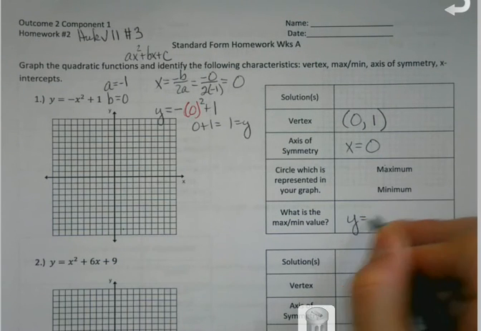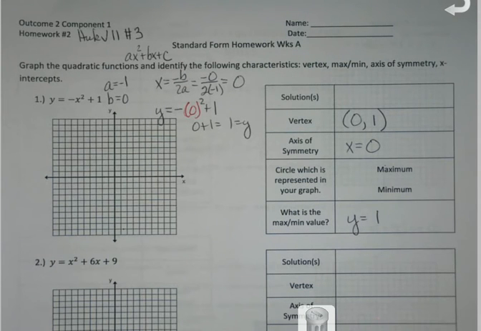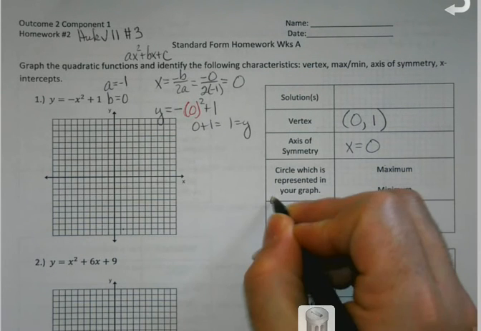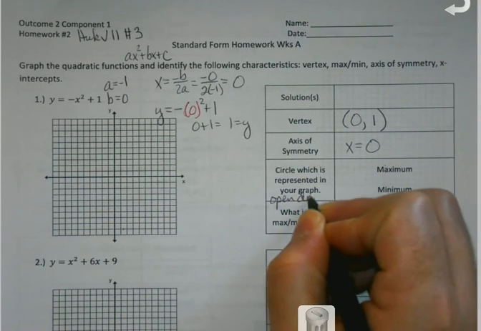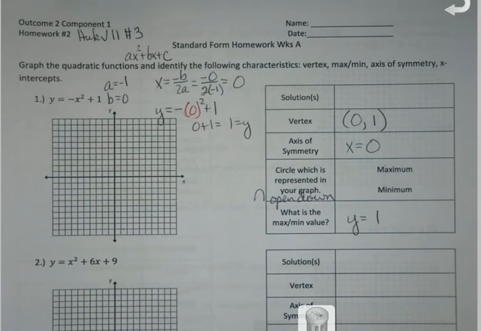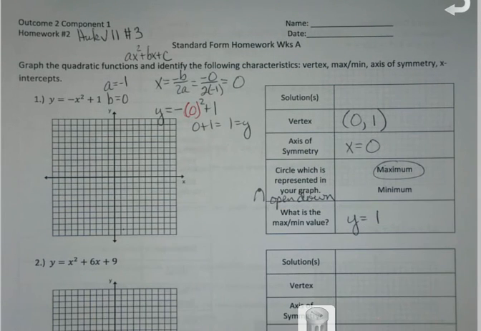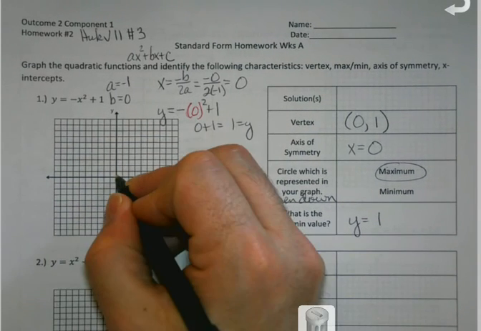I get my min or max value, because again, the y value will always tell me that. And if my A is -1, am I going to be opening up or down? Okay, we're going to open down. And when we open down, do I end up with a maximum or a minimum? Maximum. So I'm like, okay, so 0, 1.